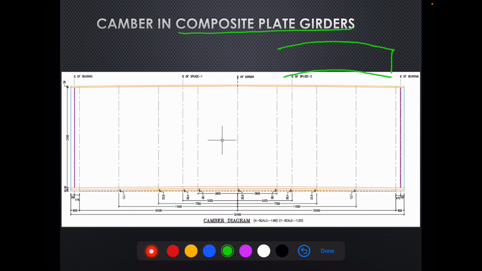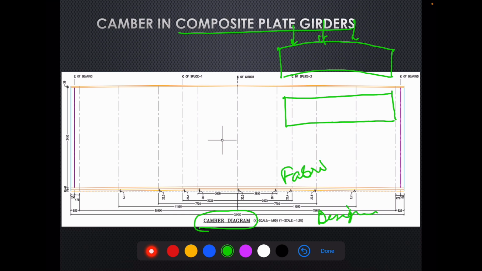It has been built with the intention that when load comes, it assumes its normal shape under the load. So camber diagram is always provided by the designer, and the girder is fabricated with the dimensions as prescribed in the camber diagram.